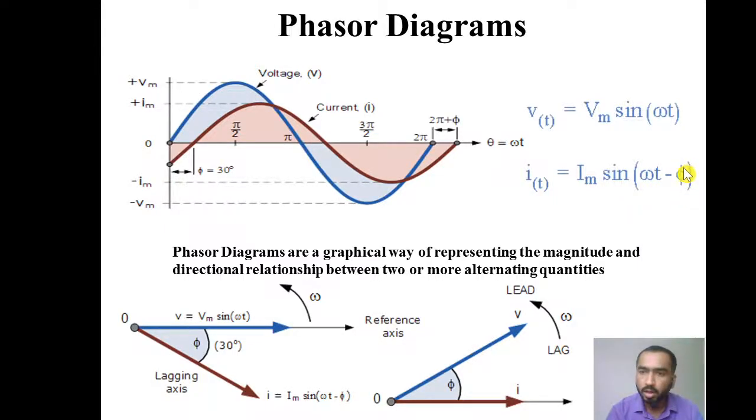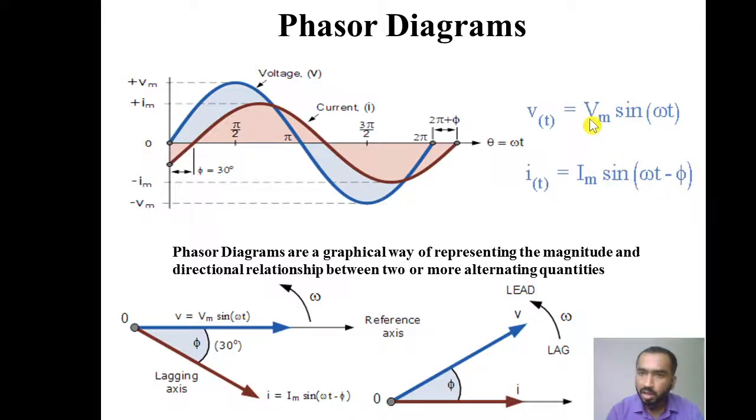Now what is this phi? Phi is the phase difference. We see this phase difference phi, it is 30 degrees.